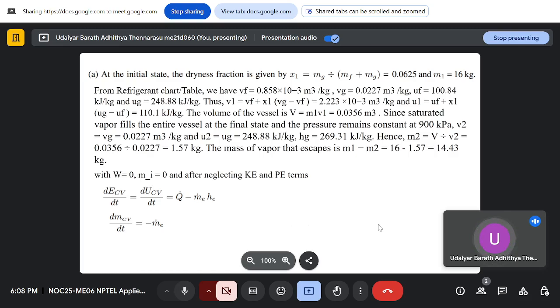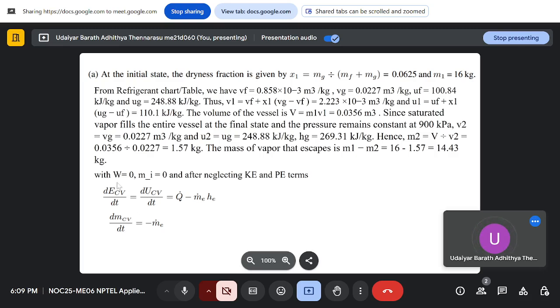So now if we apply a control volume across this gas cylinder and we apply a flow energy equation, we can just straight away write it: rate of change of internal energy equals energy coming in minus energy going out.